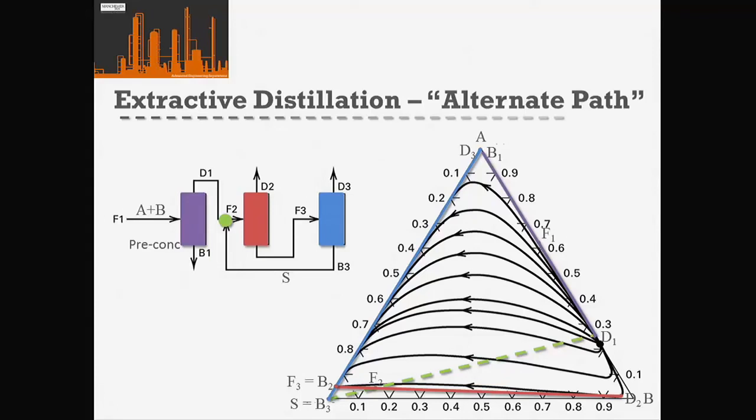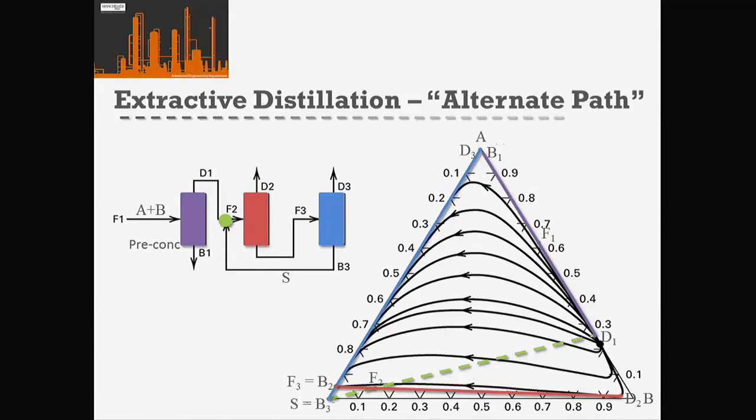And not only have we managed to design our sequence using our ternary diagram, we can read off our diagram the composition of every single stream in our sequence, and we could use the lever-arm rule on all of our separations to find the flow rate of every single stream in our distillation sequence.